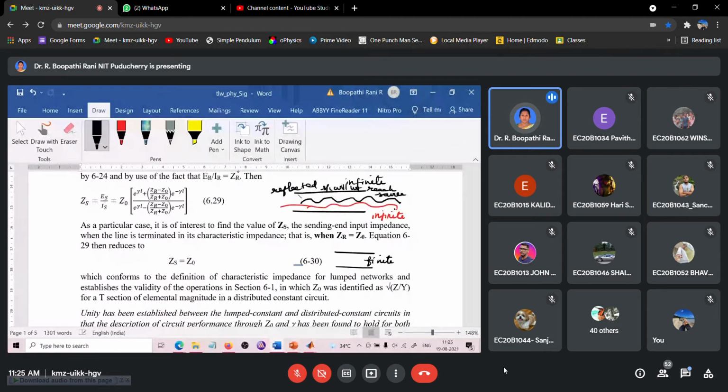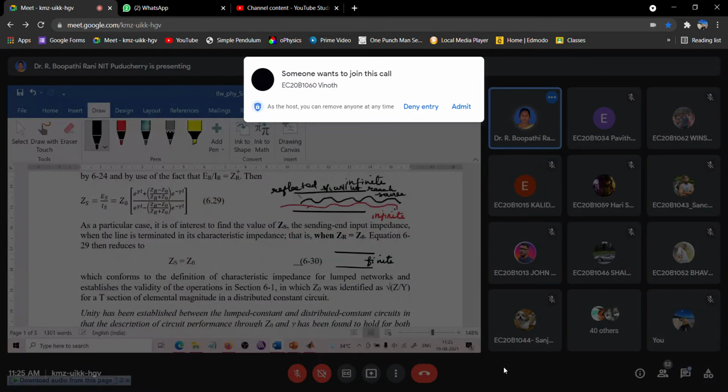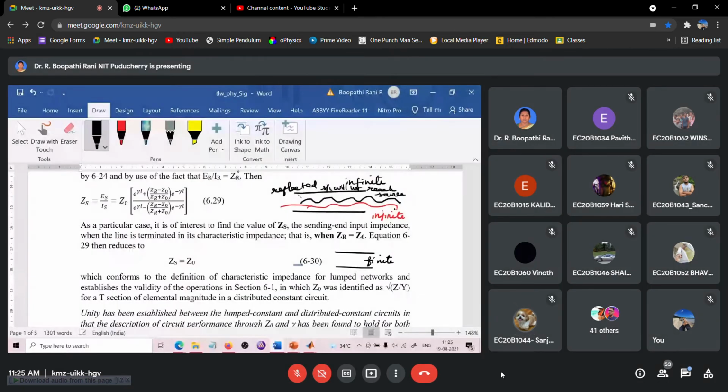Just now we have seen two conclusions. Relating to that, you tell me. How do we realize the finite line to behave as infinite line? You can use optical fiber so that signal is not lost. Ma'am, we'll keep ZR as Z naught.